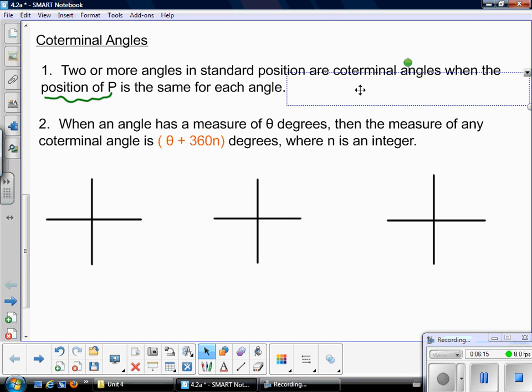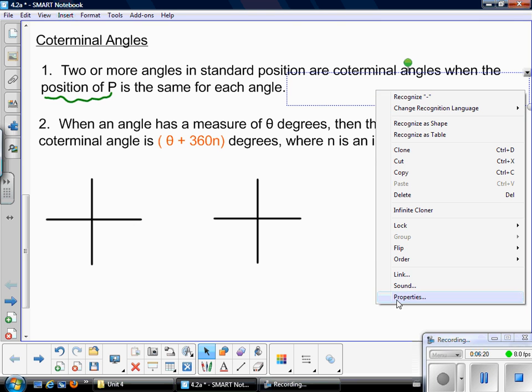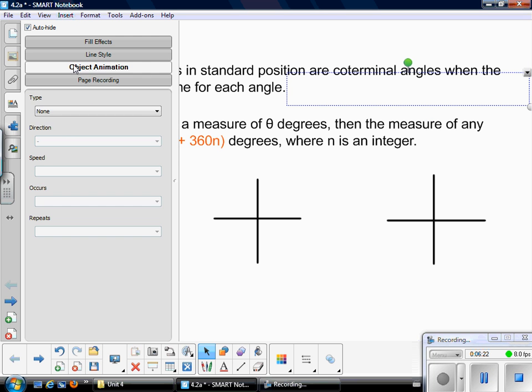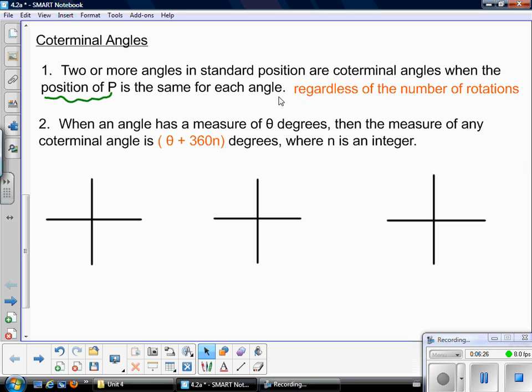Now, I'll be perfectly honest, I don't use a formula for mine, and it looks like I have something hiding behind here. There it is. So, and I have here regardless of the number of rotations. So far you're thinking, okay, I can go around once, and that's 360 degrees. But you know what?